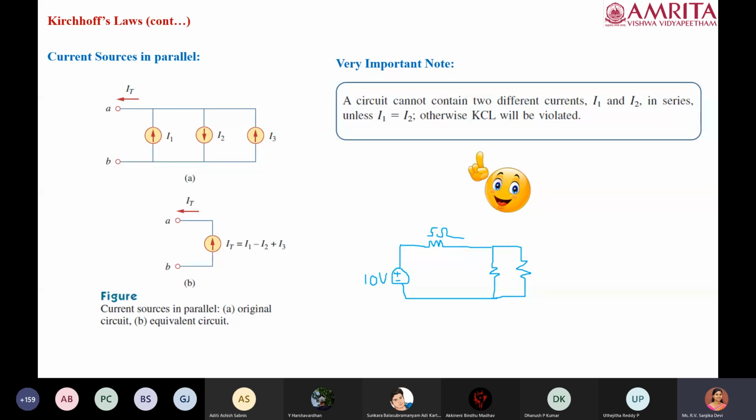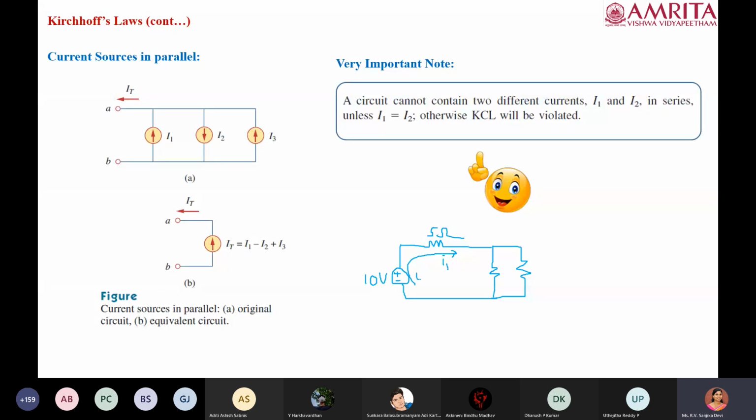Since they are in series, the current flowing through both the elements will be the same. So a circuit cannot contain two different currents, I1 and I2, in series. If the current flowing through the 5 ohm is, for example, I1, then the same current I1 will also flow through this 10 volt when they are in series.